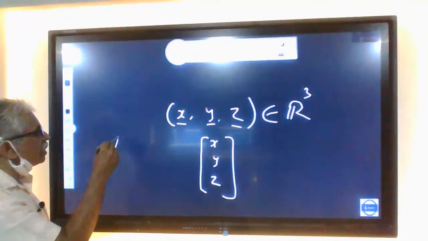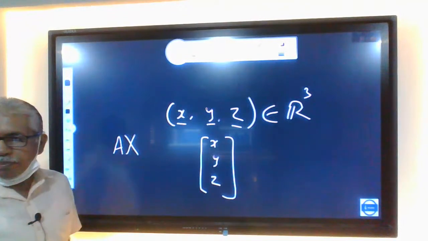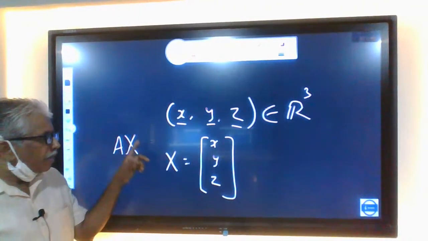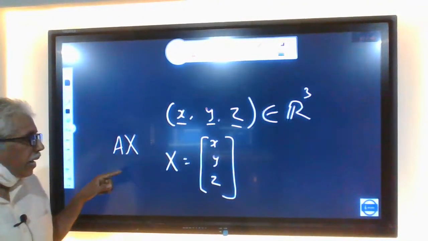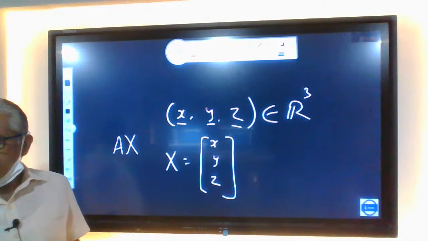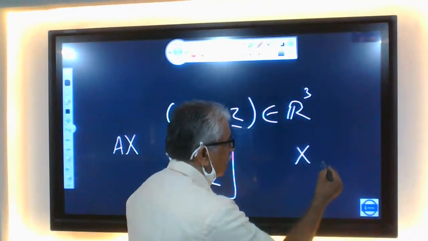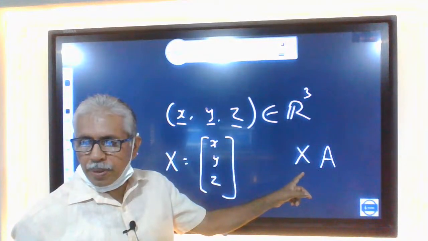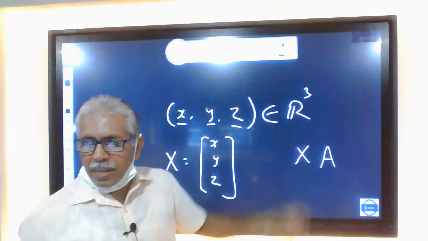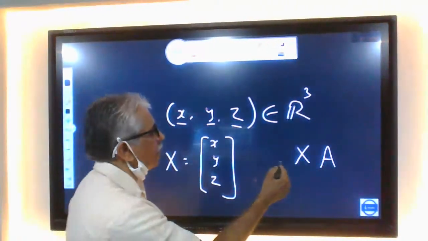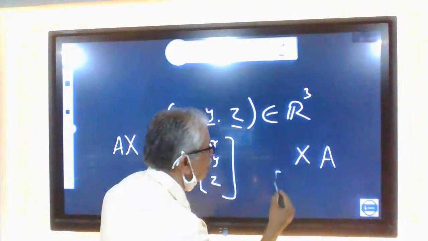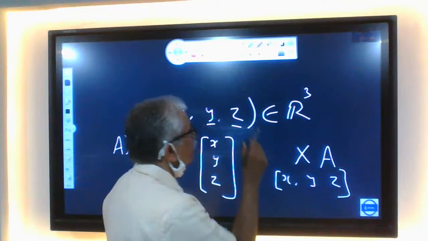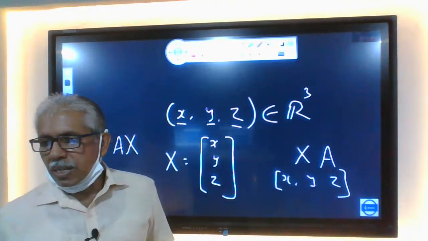Usually we have the habit of writing AX. So the column matrix X, you are multiplying on the right side of the matrix A. Suppose you write XA, there should be one row and three columns. So it should be of this form X, Y, Z. This is the way a row matrix is taken.